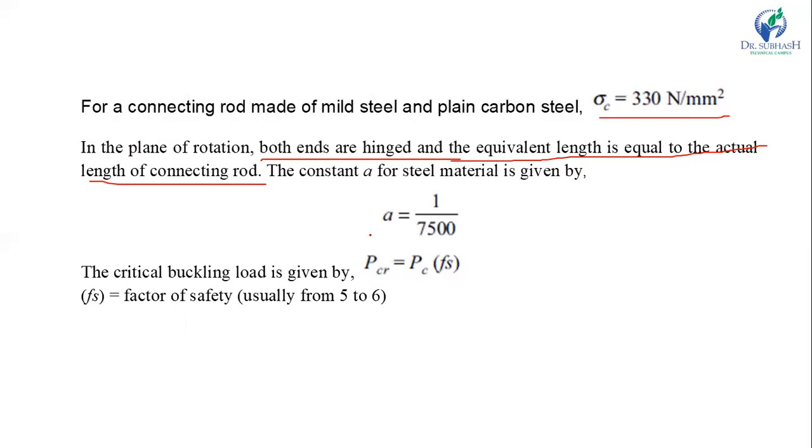Then the value of the constant a is taken as 1 upon 7500. Therefore the critical buckling load is given by PCR is equal to PC into Fs, where Fs is the factor of safety, and the value of factor of safety is taken as 5 to 6.